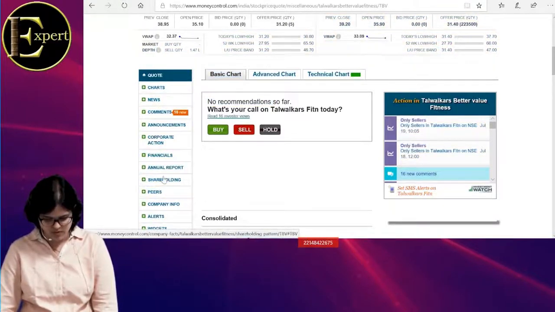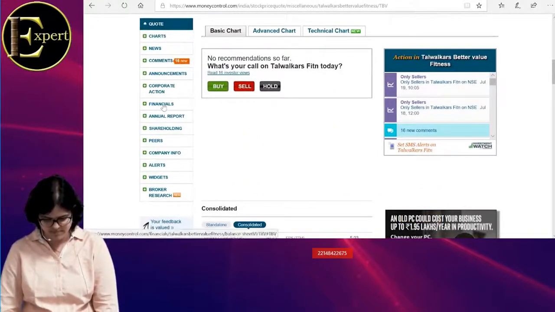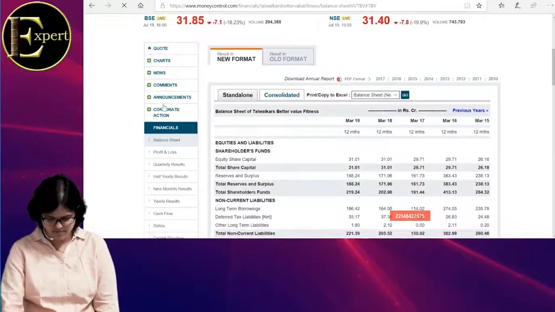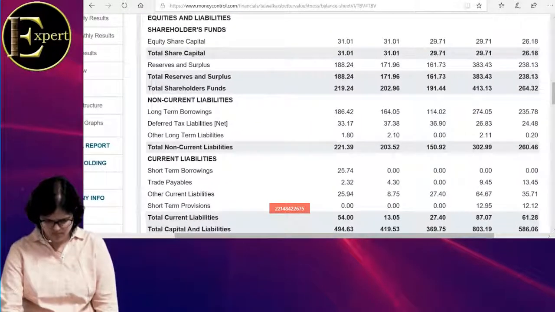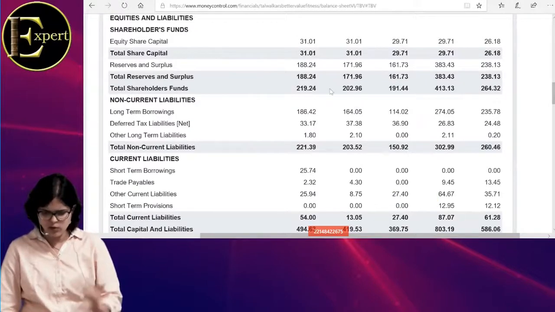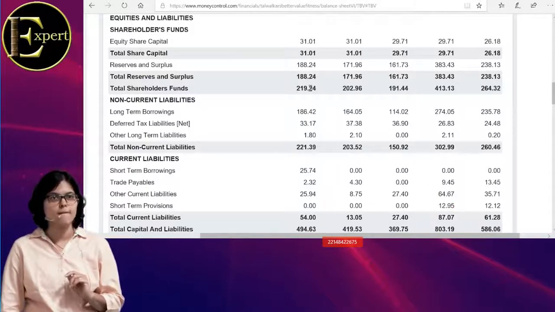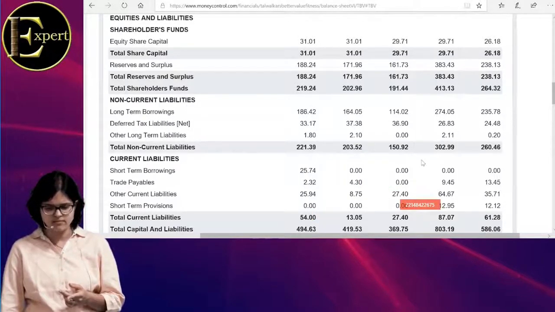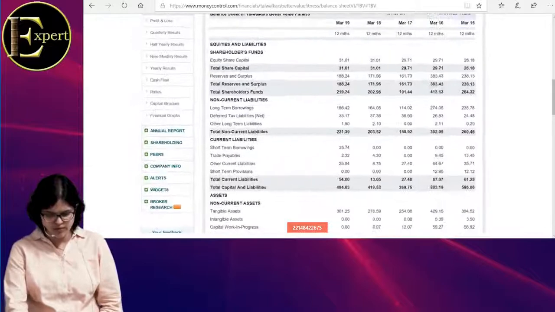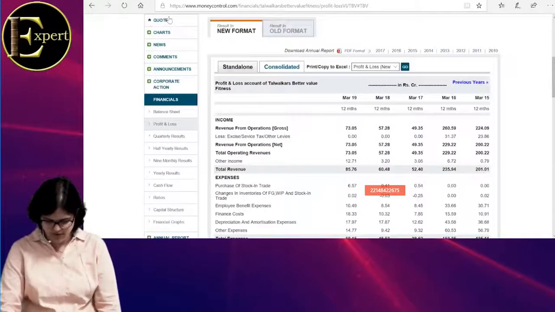Check the financials. Not that bad again. Debt to equity is not a problem. It could be profits, but debt to equity is not a problem in this case also. हाँ, वो 31 वाला शेयर आप जो बोल रहे थे उसका है. So it's almost 1:1. It's not that bad. Profits would be terrible maybe. Again, I have not seen this share a lot, but there's a possibility that might be.